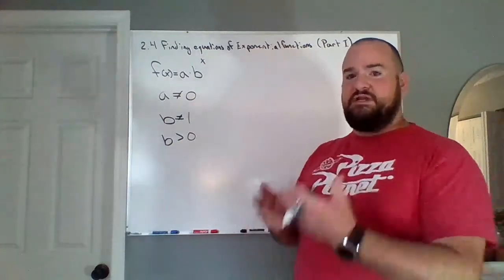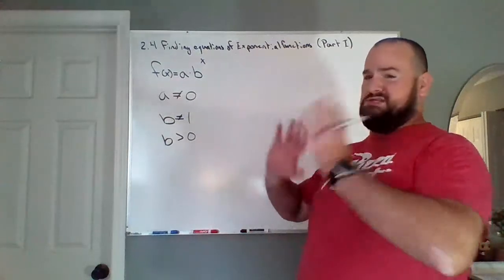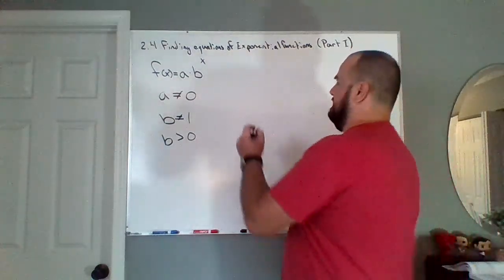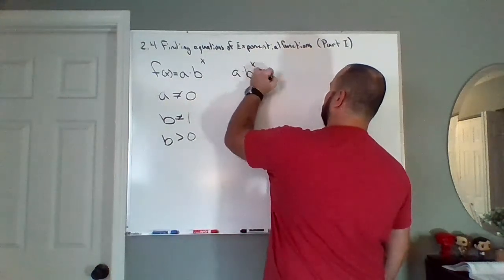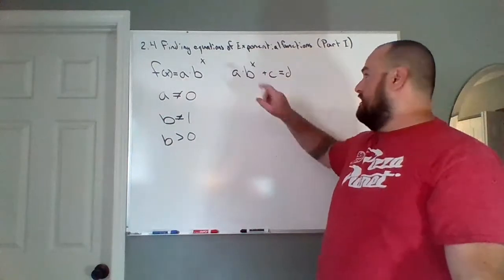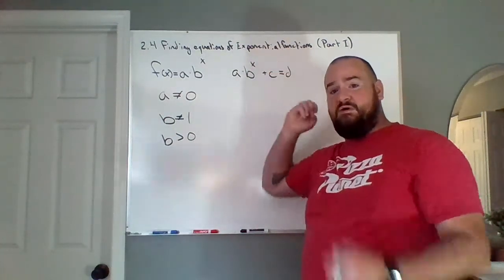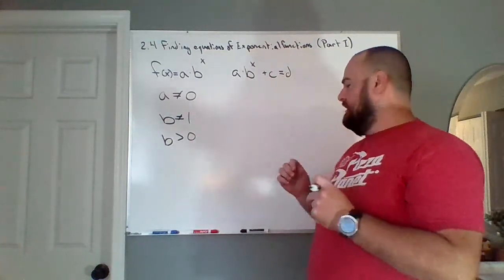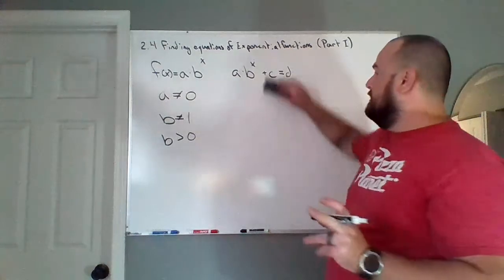So I want to talk about solving an exponential equation. What an exponential equation looks like, I'm going to go super generic and broad. It simply means that we have some a times b to the x plus some c equals some d, where our variable, our unknown that we're trying to solve for, is in the exponent.